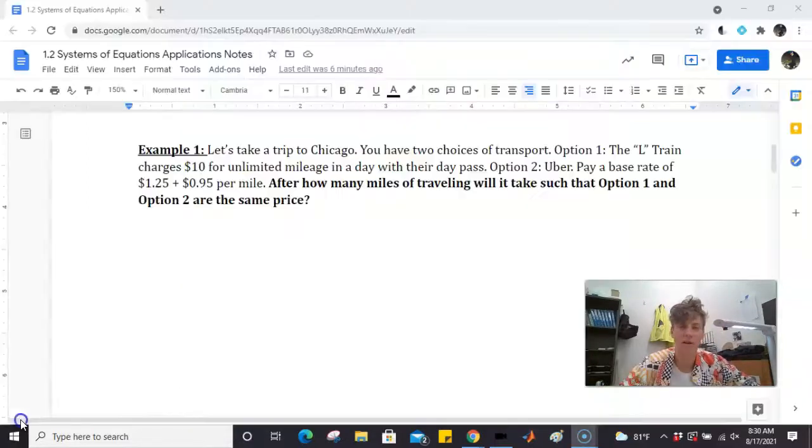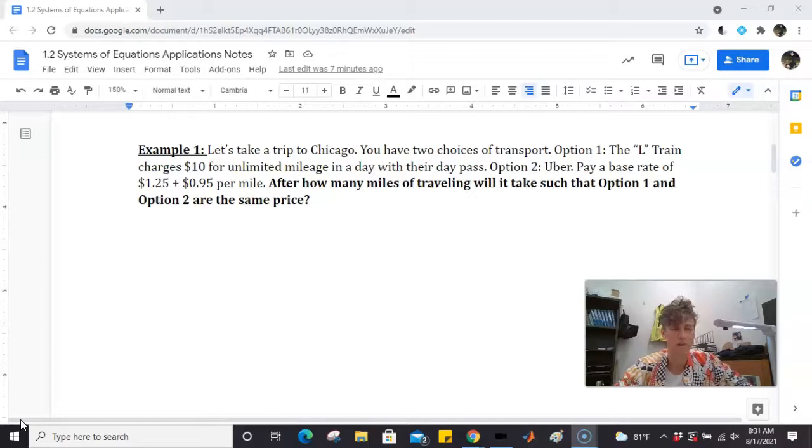That's all we're paying. Option 2, Uber, we're going to pay a base rate of $1.25 plus 95 cents per mile. So you see that word per, that's going to tell us that it needs to be a coefficient in front of a variable.